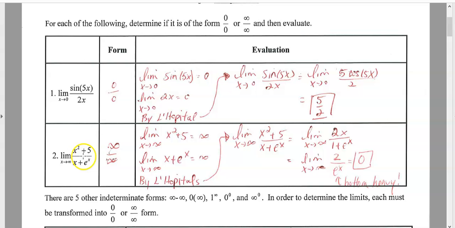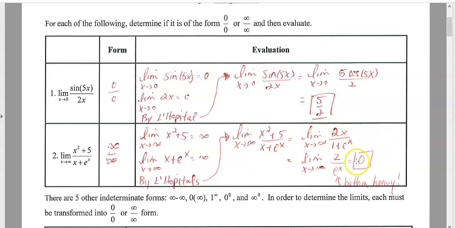If we look at the second example, infinity over infinity, again we separate. The limit as x approaches infinity of our numerator is infinity. Our denominator limit is also infinity. Then by L'Hopital, we write our function out again and take the derivative, as we see here. I did not show the next example, but if we plug in infinity here, we get infinity over infinity again. We would, in theory, write that the limit as x approaches infinity of 2x is infinity, and the limit as x approaches infinity of 1 plus e to the x is also infinity.